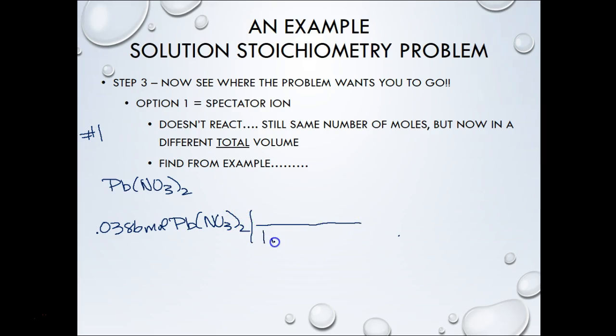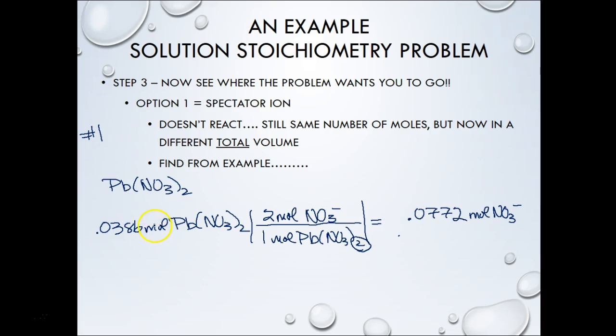Well, in 1 mole of PbNO3 there are 2 moles of NO3 minus ions. How do I know? Because that 2 right there tells me that there are 2 moles of that. So that means I get 0.0772 moles of NO3 minus. Okay?